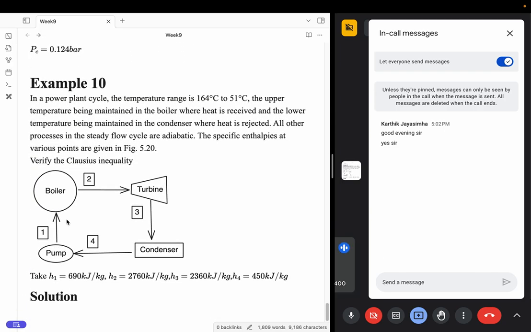The cycle is something like this: you have a boiler, you have a turbine, then a condenser, and then a pump. This is like a typical steam engine cycle. So the inlet H1 is given, and the outlet of the boiler is given, and the condenser pressure is given. So how do I calculate H3 and H4?